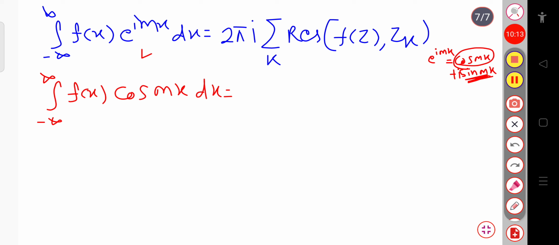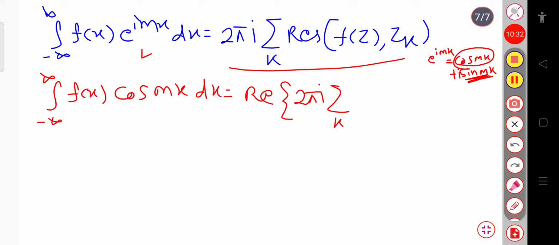So in this place, after calculation of the residue, whatever we get, the real part is what we will take, that is, the real part of 2 pi i times the sum over the residues of f of z. Here I have missed the term exponential imz, so this will be the residue of exponential imz into f of z at the zk point.